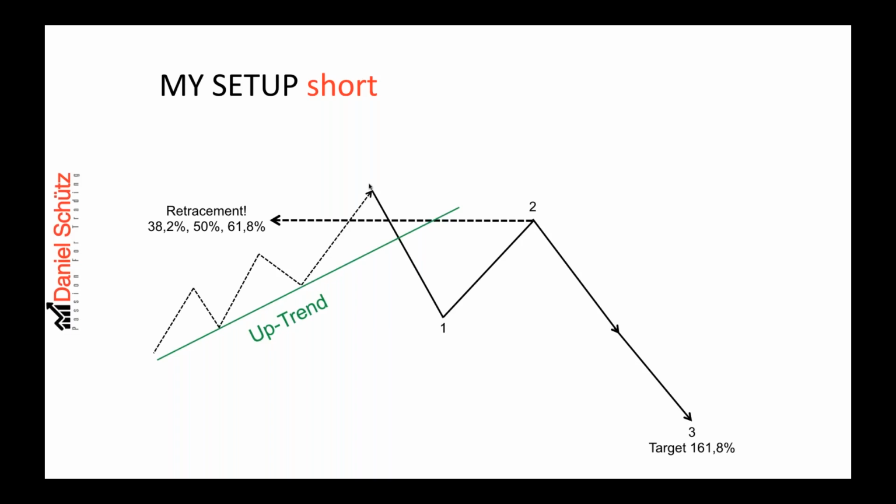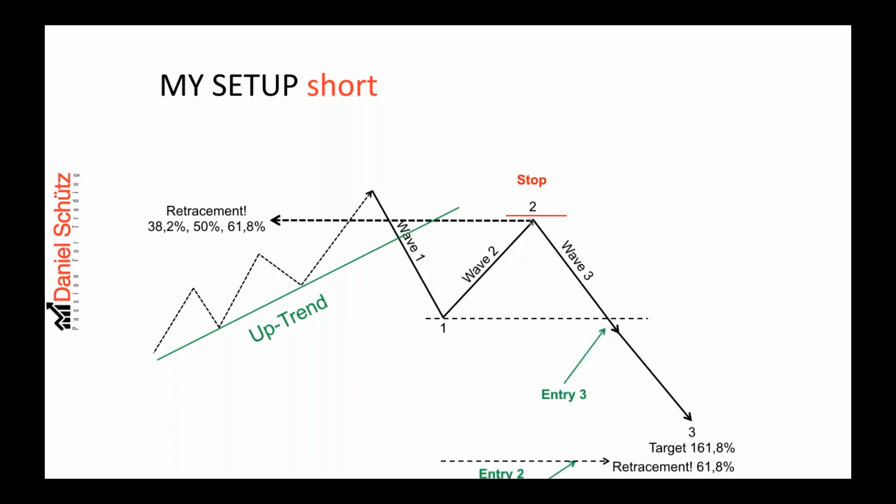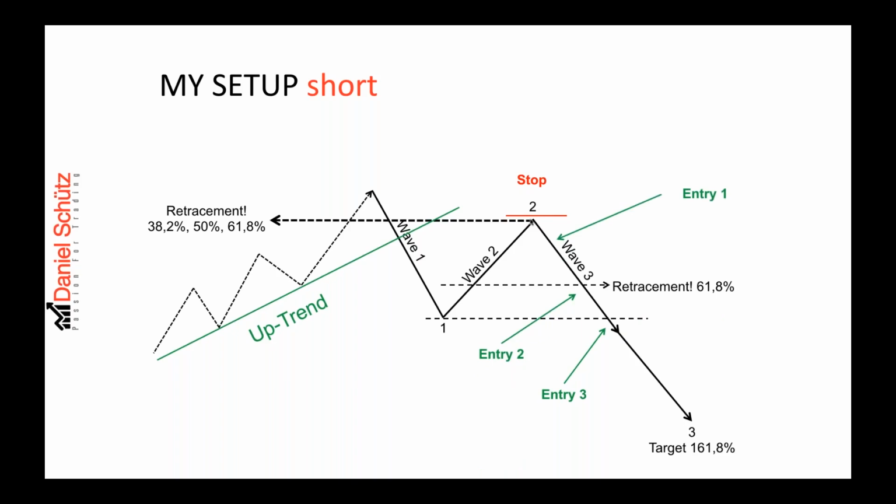161.8% down. We are measuring from the high of wave 1 to the low of wave 1 up to the high of wave 2. And then we can find our entry. Entry 1 would be here a reversal candle, or it would be a breakthrough of the 61.8 retracement of wave 2, or it would be a lower low than wave 1 was showing to us.